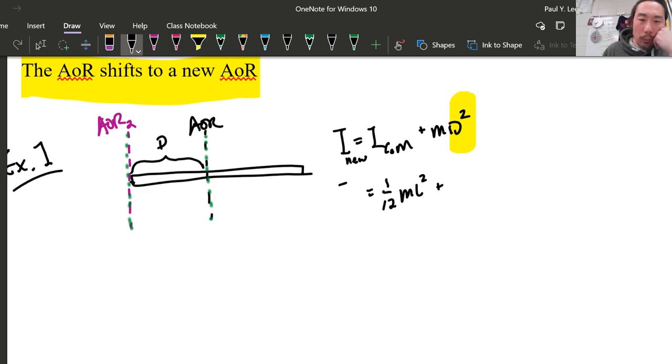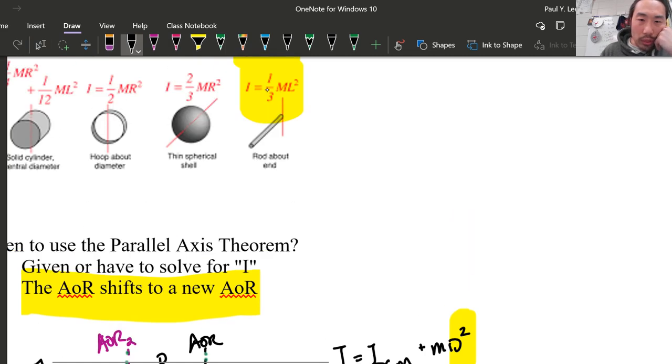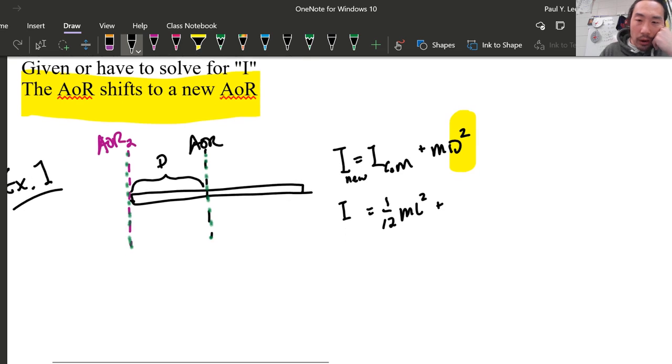And we know that for the I new, we're trying to get to a point where we get 1/3 ml squared. For the way this formula works, the mass of the object is still m, and we shifted the axis of rotation by a distance d. Let's think about this in the context of the problem.